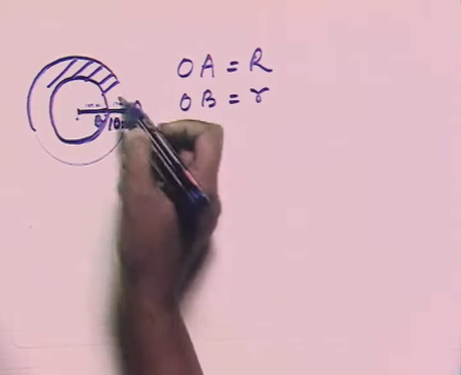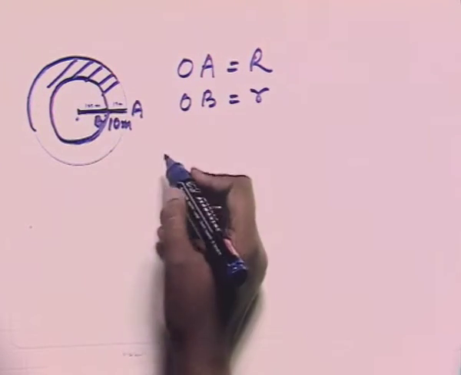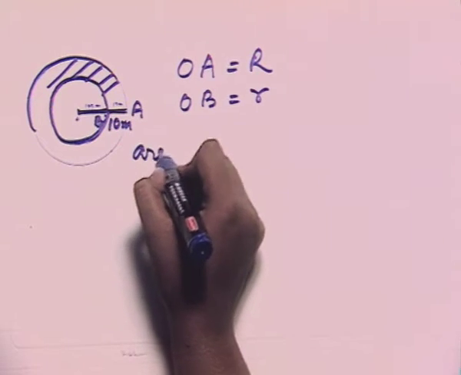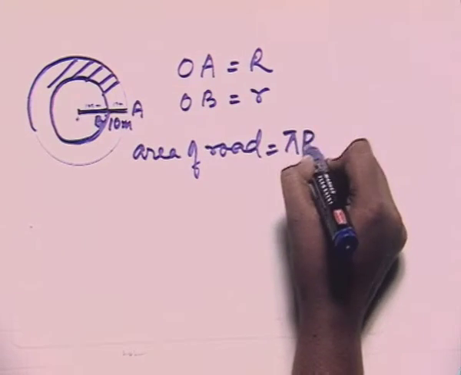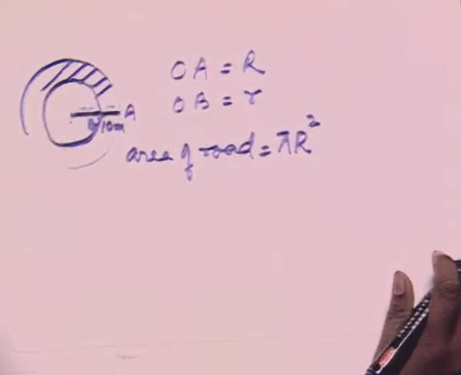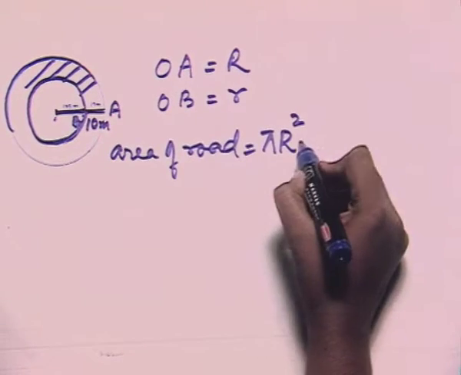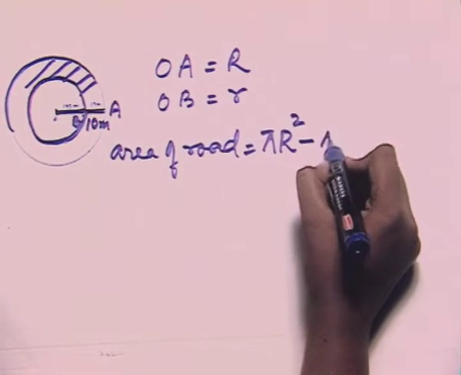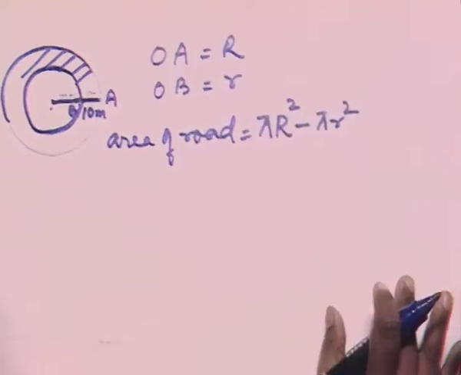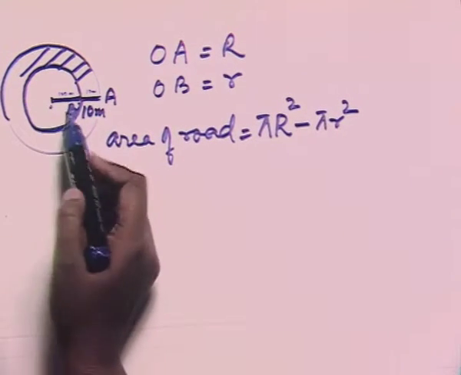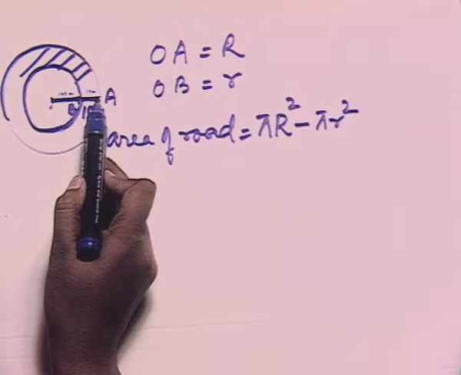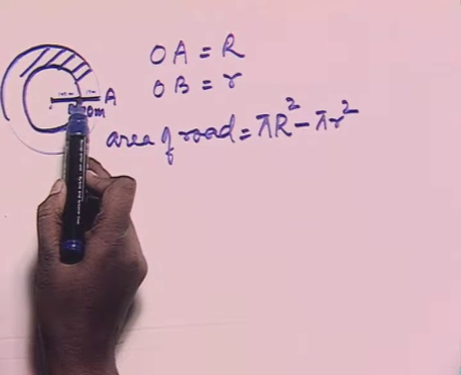Then the area of the road will be area of the outer circle, that is pi capital R square, minus area of the smaller circle, that is pi small r square. Now, what is capital R? Capital R is 100 plus 10, because the radius of the garden was 100 meters.